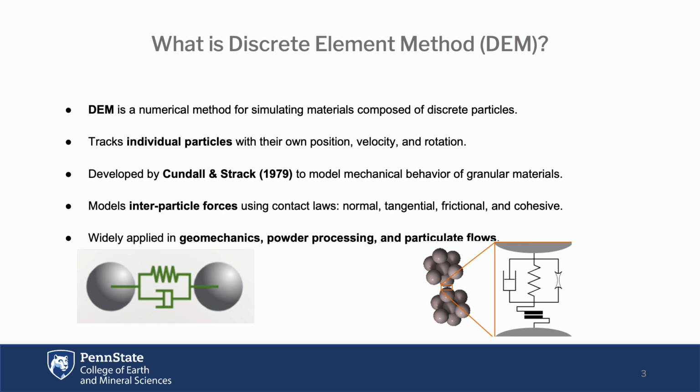The spring captures elastic deformation, the dashpot models energy dissipation, and the frictional slider simulates resistance due to contact. This setup allows DEM to replicate real material behavior at particle scale. It's widely used in geomechanics, powder compaction, and fracture propagation problems, where understanding contact mechanics is essential.